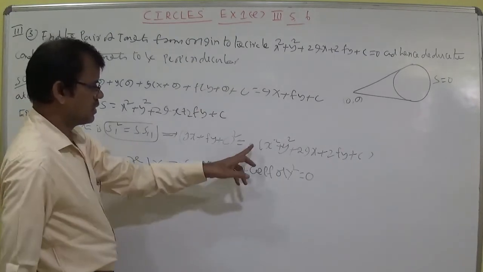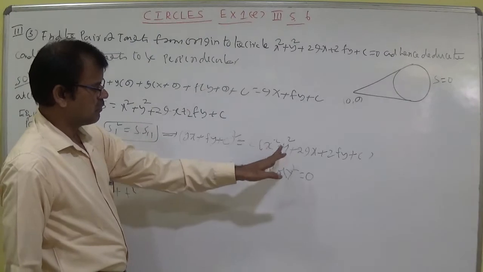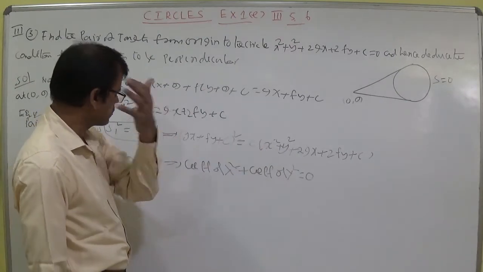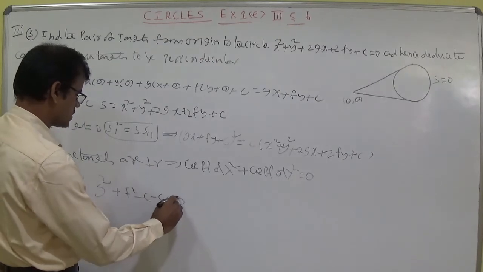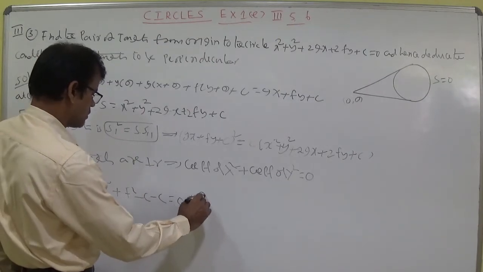Here c, if you take to this side, becomes minus c. So g square plus f square minus c equal to 0.